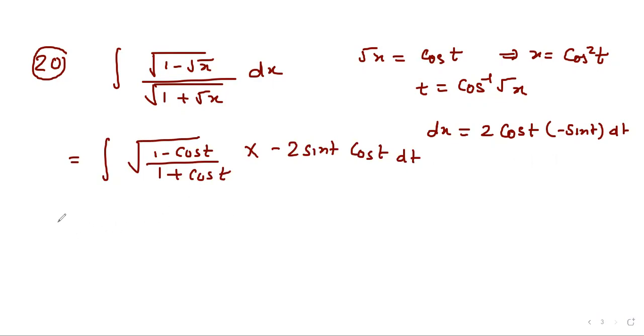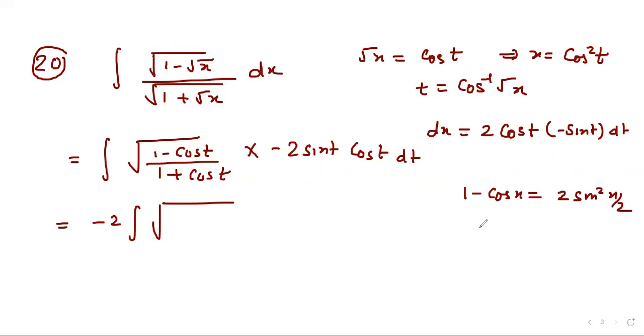So we can write it as minus 2 integration root of, if you remember, 1 minus cos x equal to 2 sine square x by 2, and 1 plus cos x equal to 2 cos square x by 2. So that value we can put here.